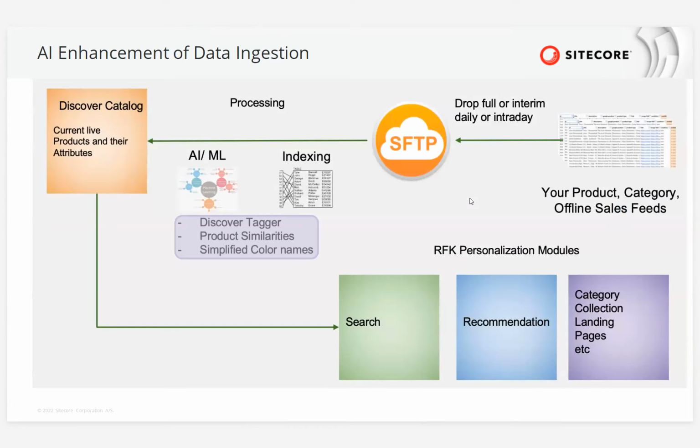So when we run the data ingestion service, we're extracting features from products, but we're also collating that with the sales data and the visitor behavior, and we generate a bunch of different data sets based around products and their attributes, like how often they've been viewed and how much revenue they have generated.